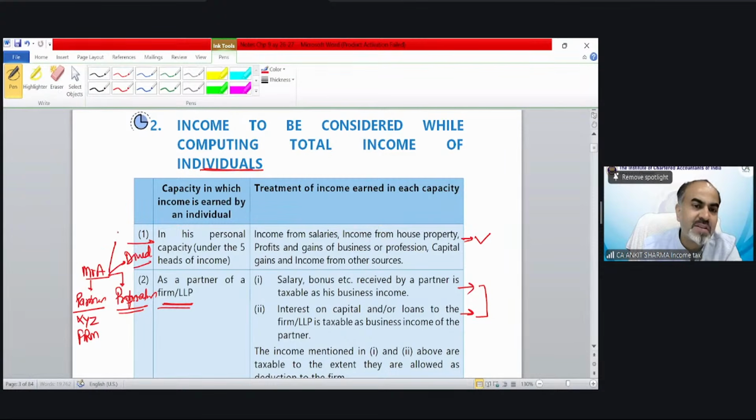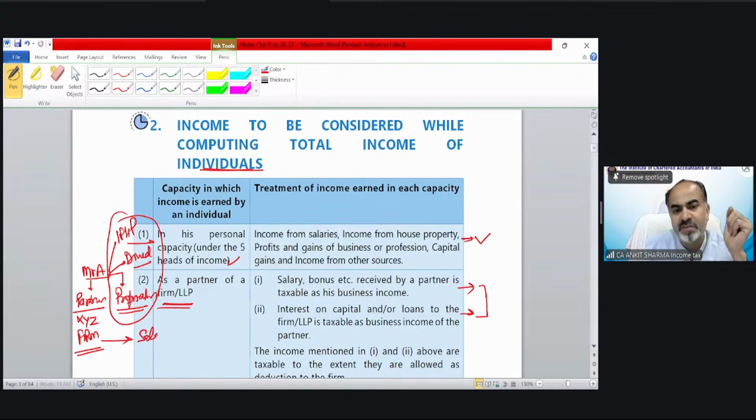He's also having some income from house property, etc. So these 5 heads of income, business, other sources, house property, etc., would become part of his total income that we have gone through in point number 1. And if he is a partner of any firm, then whatever he will receive from this partnership firm will also become part of his total income.